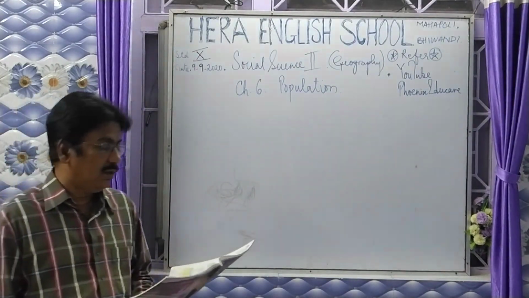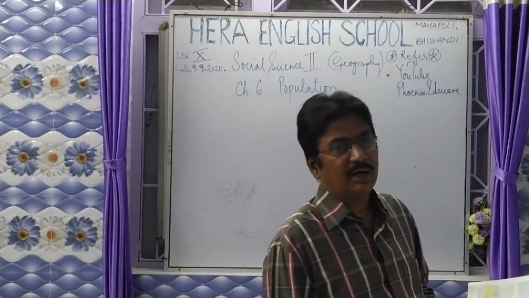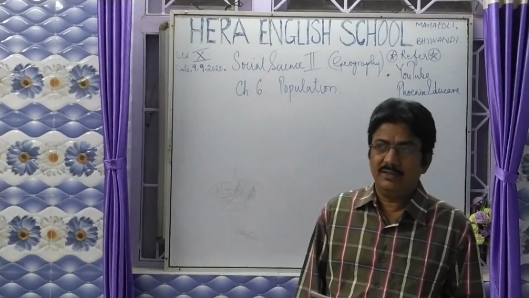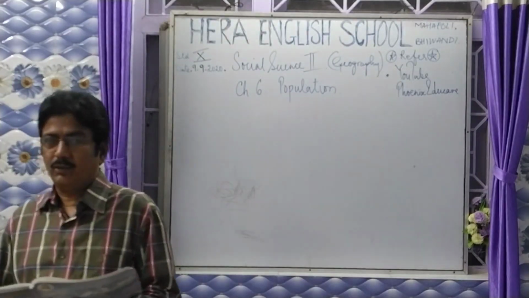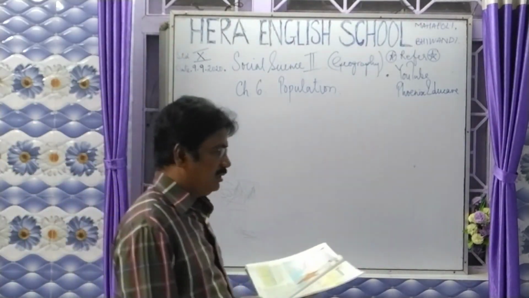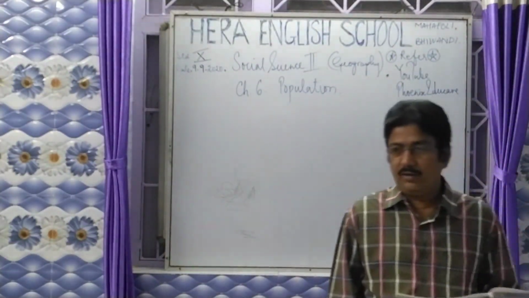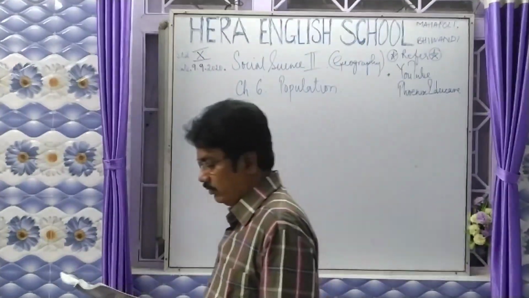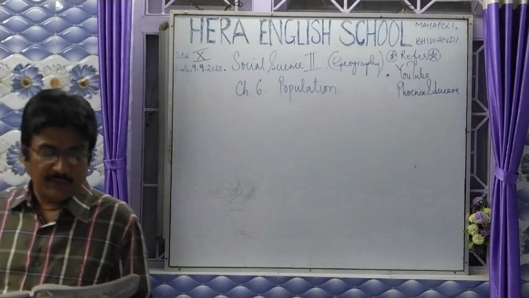Remember, the distribution of population is based totally on physiography, because physiography has a very vast diversity. In physiography there are landforms, plateaus, mountains, hilltops, cliffs, rains, the climatic region, the hot region, the cold region, the tropical rainforest region, the equatorial region, different types of wildlife and different types of vegetation available.